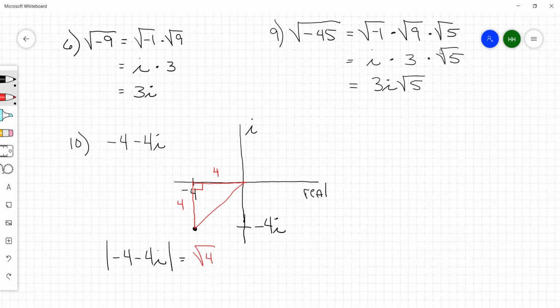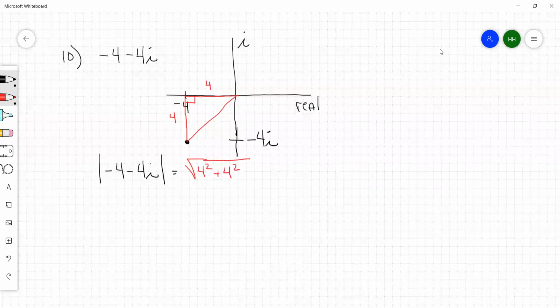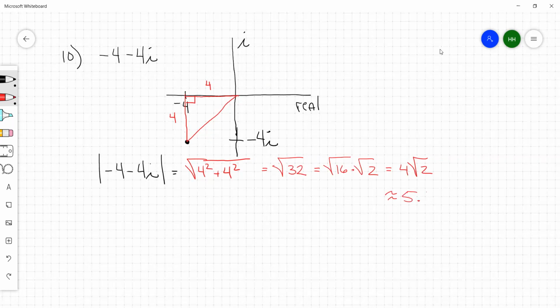So it would be the square root of 4 squared plus 4 squared. And that would be equal to the square root of 32, which is equal to the square root of 16 times the square root of 2, which is equal to 4 radical 2. The decimal version of that would be 4 times the square root of 2, which is 5.66.